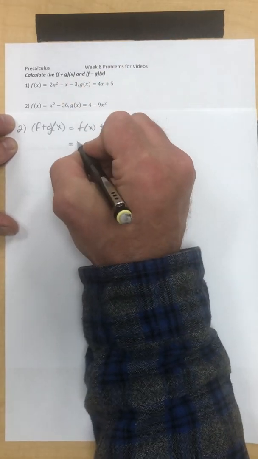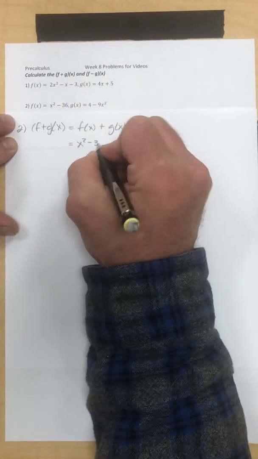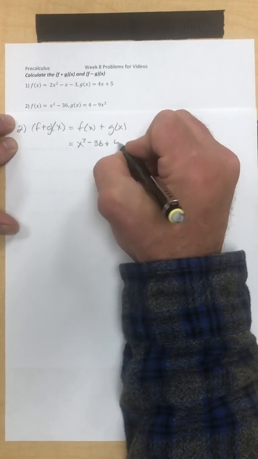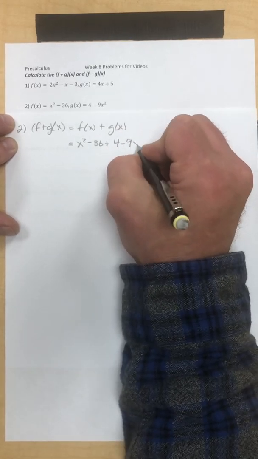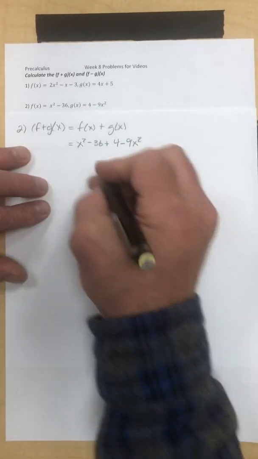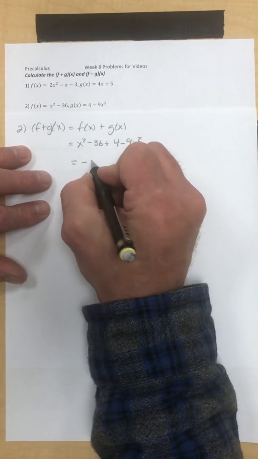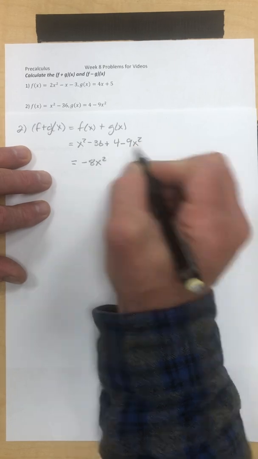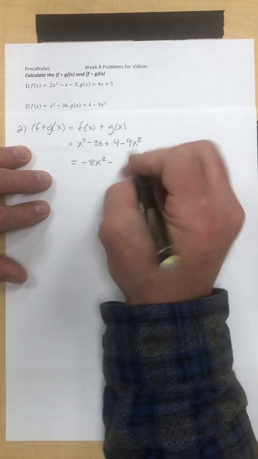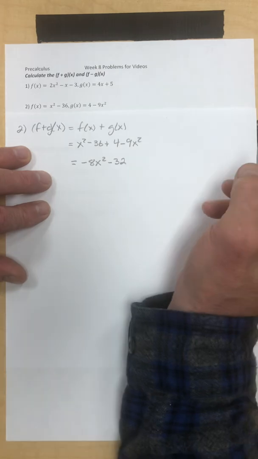So I'm going to get x squared minus 36 plus 4 minus 9x squared. And just collecting similar terms, that's going to give me a negative 8x squared minus 32, like that.